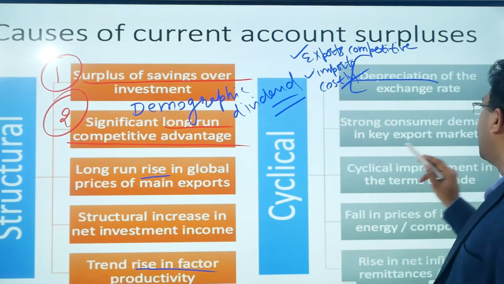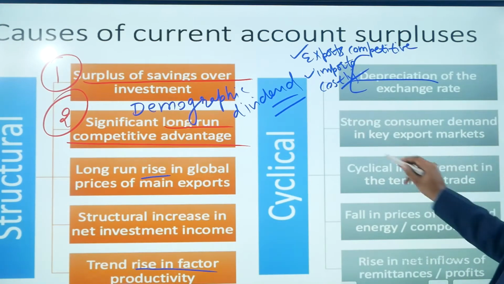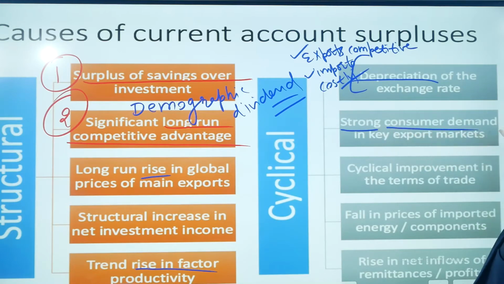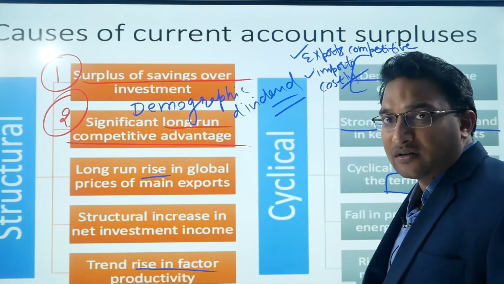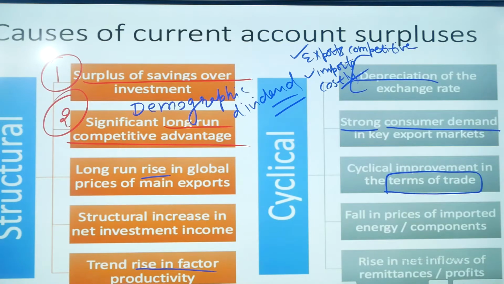Strong consumer demand in key export markets. Cyclical improvement in the terms of trade. So terms of trade basically means that we have more bargaining power because of certain unique things that we may be having. Fall in the prices of imported energy or component.